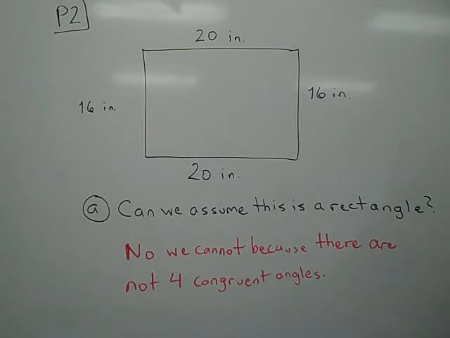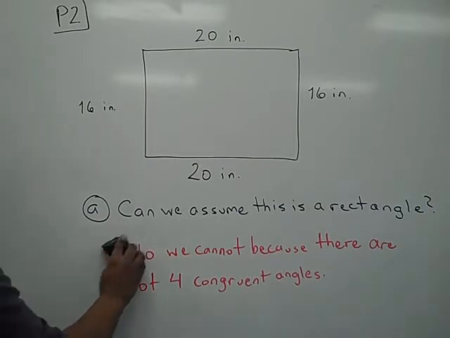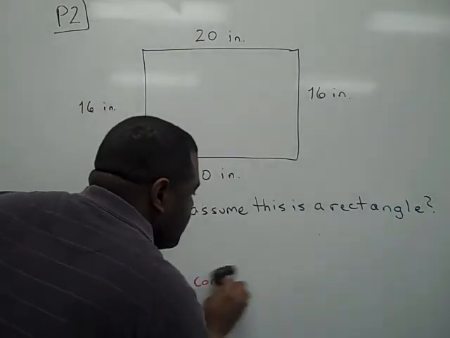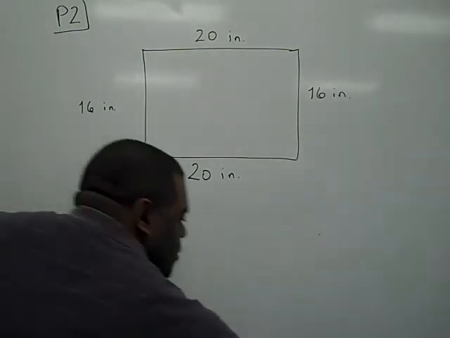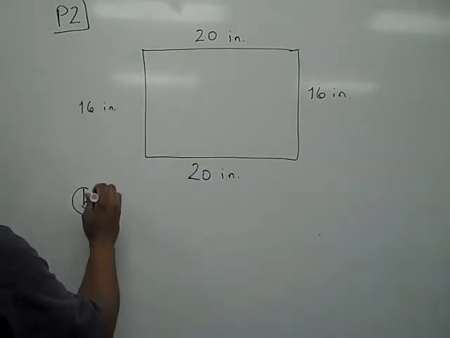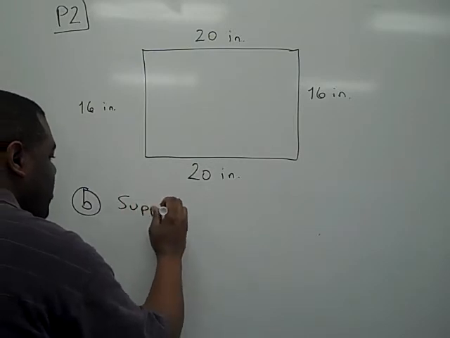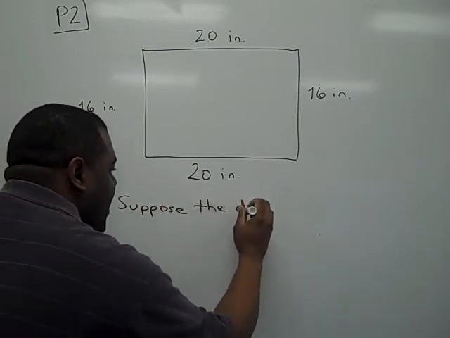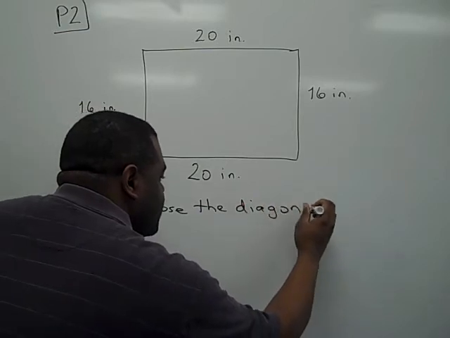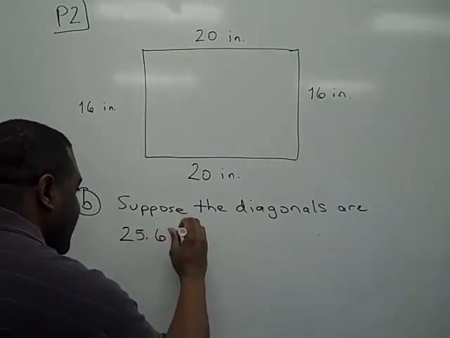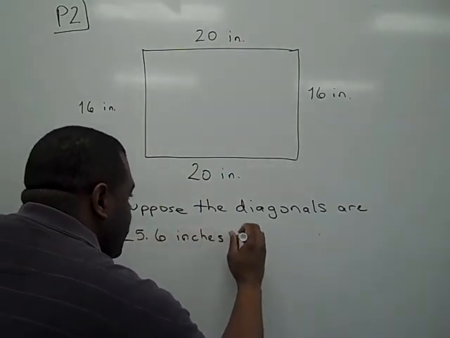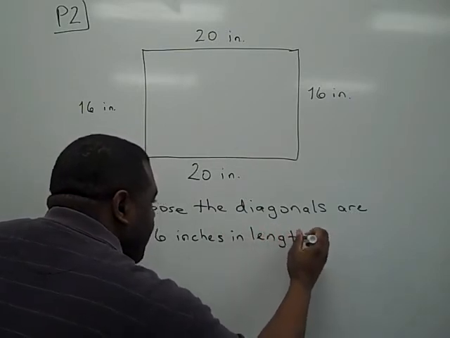Now let's say we change up the question. Suppose the diagonals are 25.6 inches in length, and that's approximate.